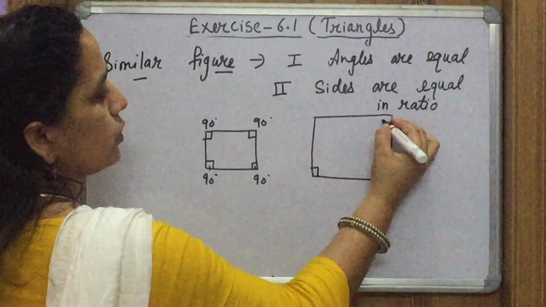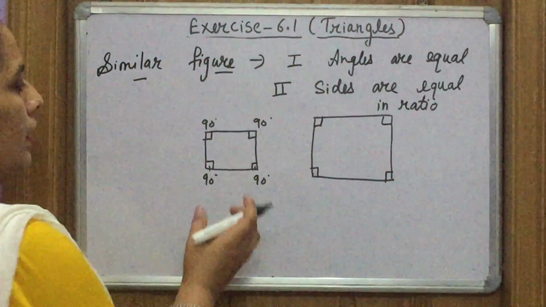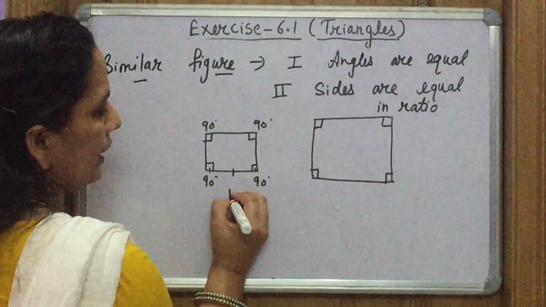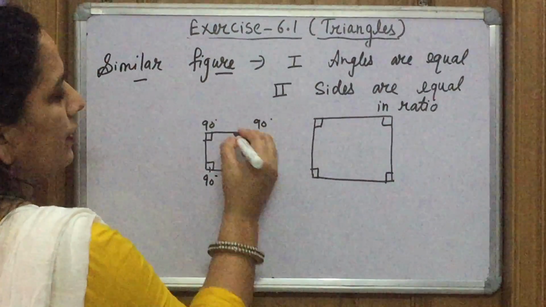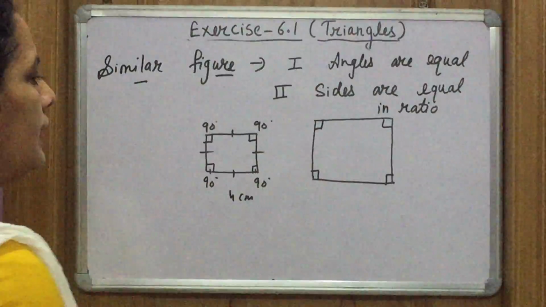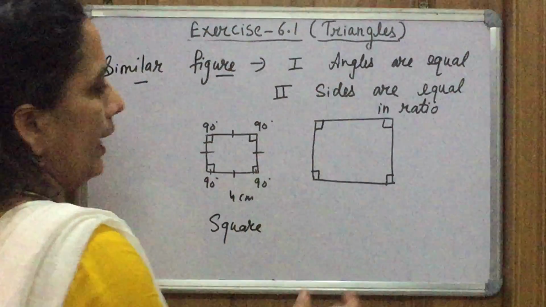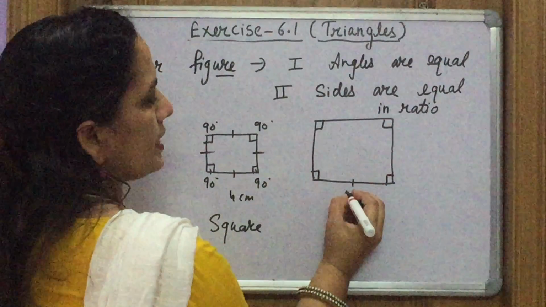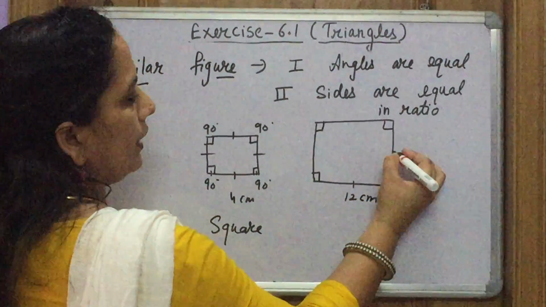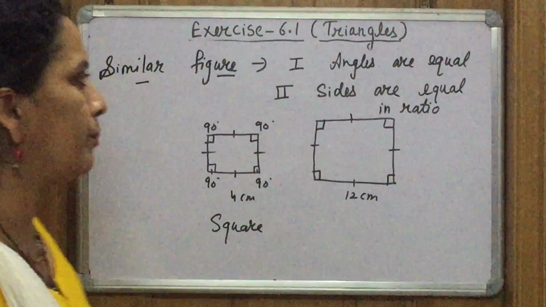So here also all of the angles are equal to 90 degrees. If we take one side as 4 centimeter, then the remaining sides will also be equal to 4 centimeter because this is a square. And if we take one side as 12 centimeter, then the remaining sides are also equal to 12 centimeter.